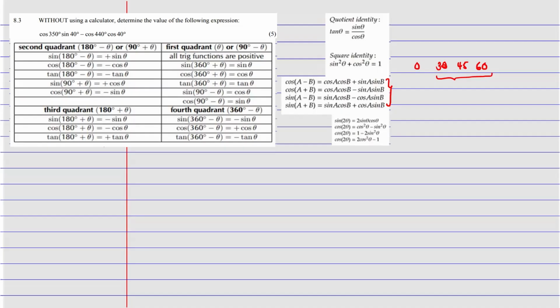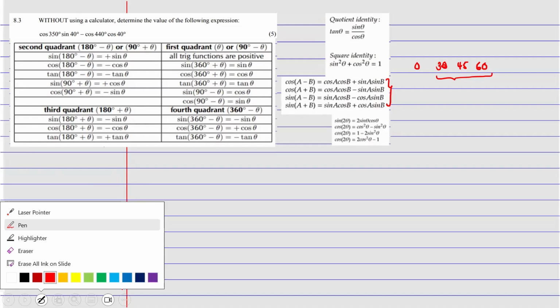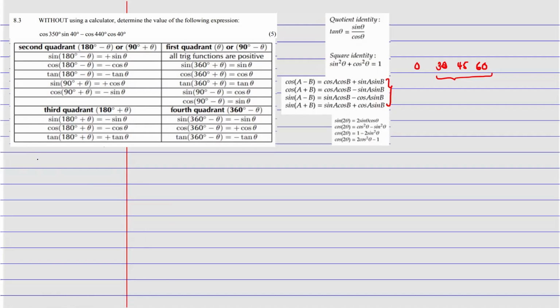Yes, ma'am. Okay. So now let's take the question. We're going to have cos 350 times sine 40, and this is going to be minus cos 440 degrees times cos 40.